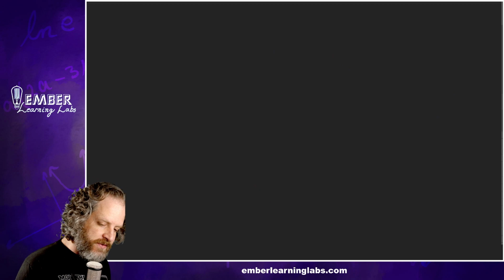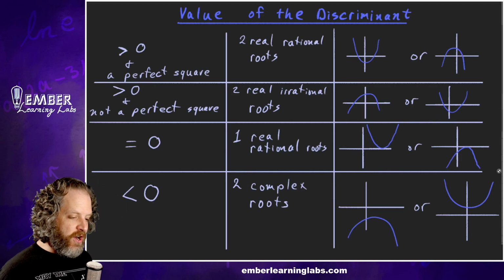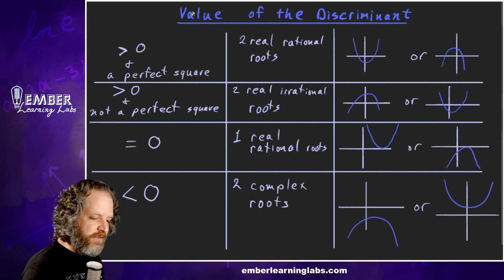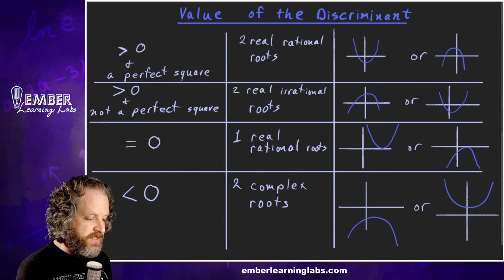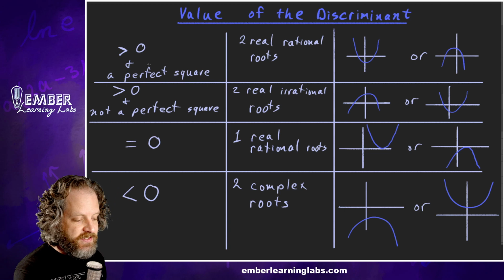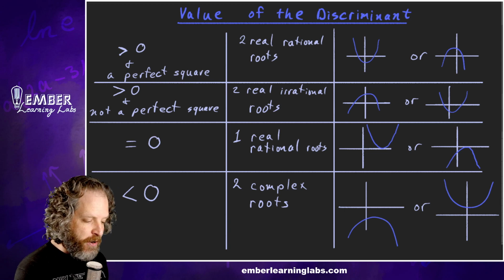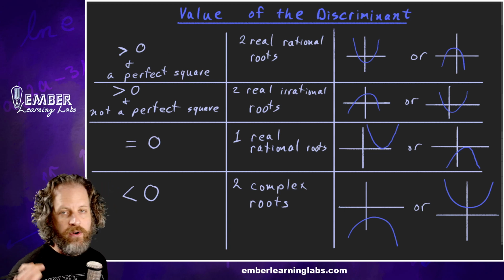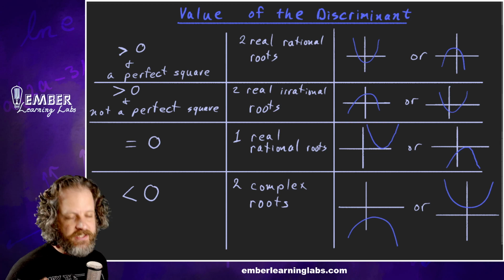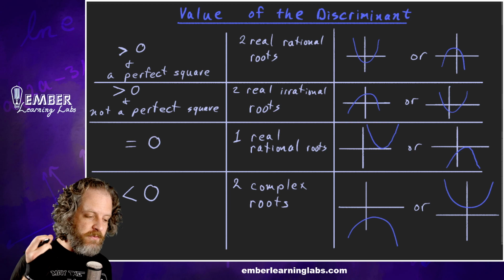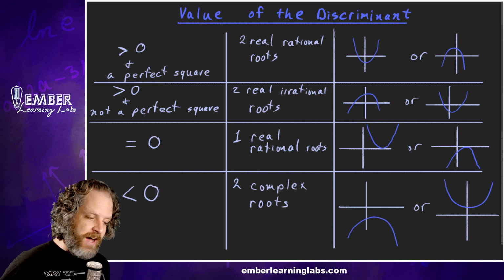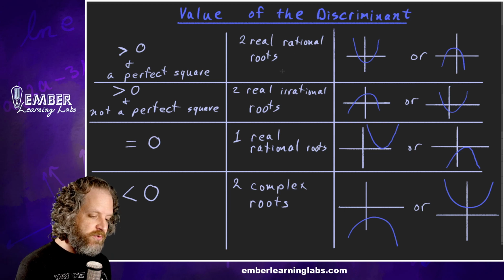And we're going to look at that with this chart right here. So if the value of the discriminant, b squared minus 4ac, turns out to be greater than 0 and it's a perfect square, so things like 4, 16, 36, 144, right? We've learned what perfect squares are before. Then you will have 2 real rational roots.